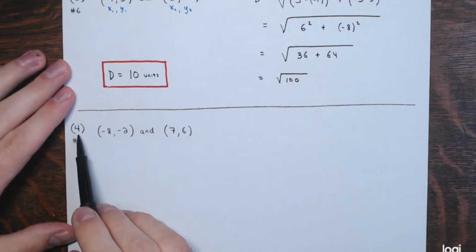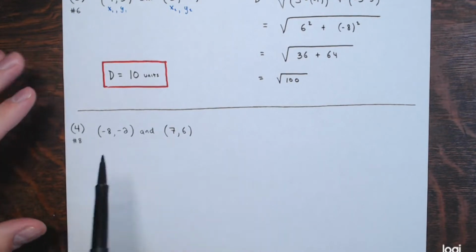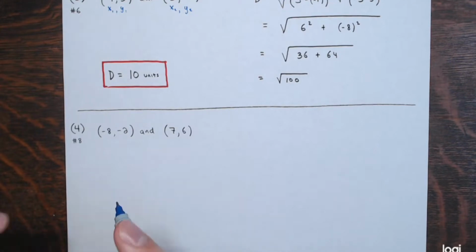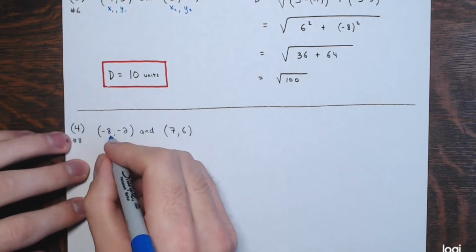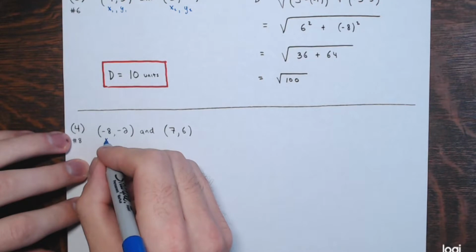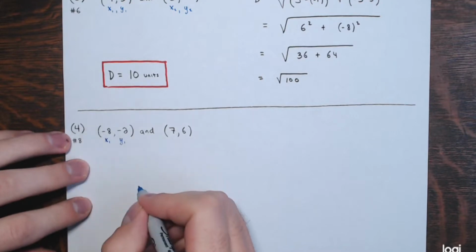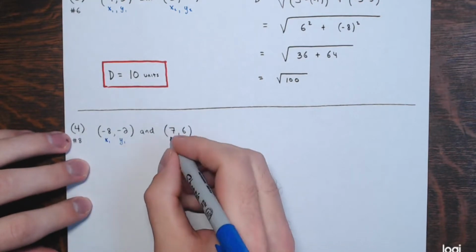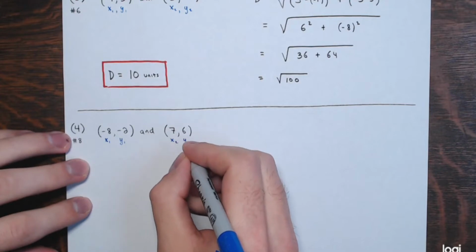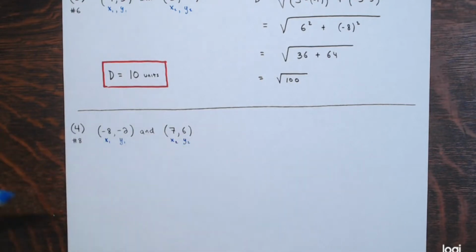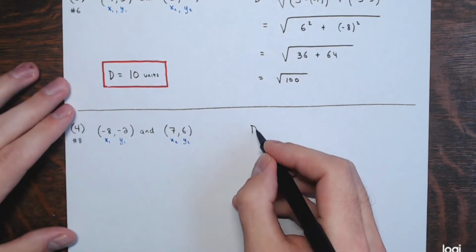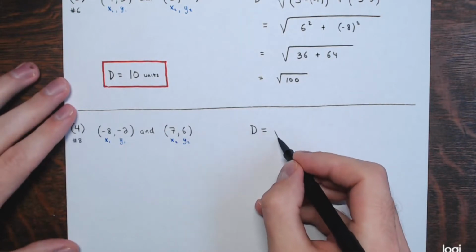Alright, example 4, exercise 8 from the text. Again, I'll label the points. You don't have to, but -8, -2, that'll be x1, y1. 7, 6, that'll be x2, y2. And the distance between these 2 points is the square root, right?